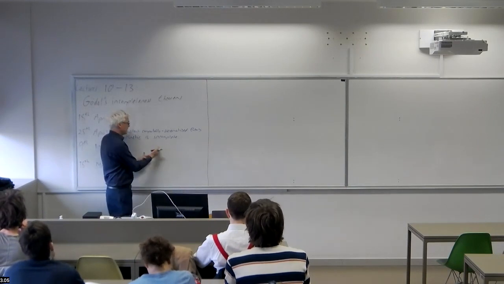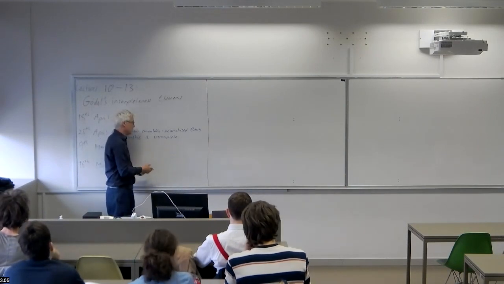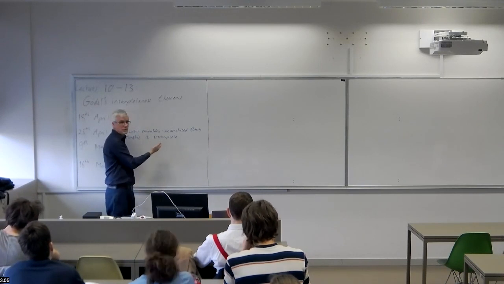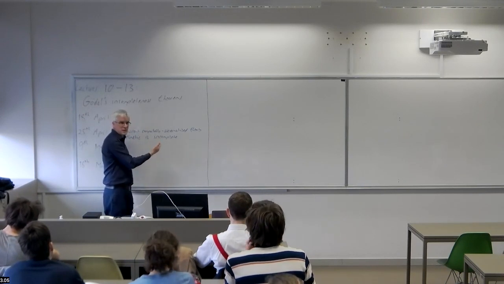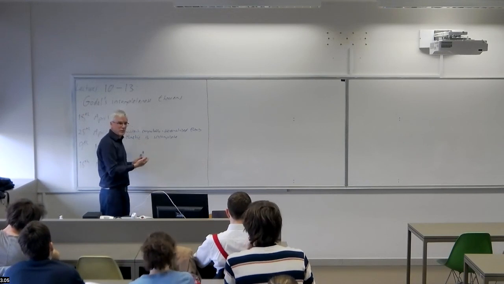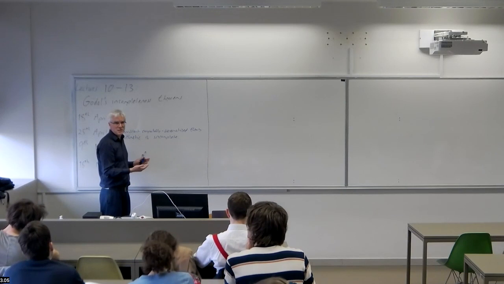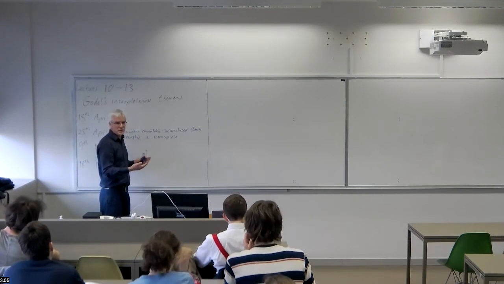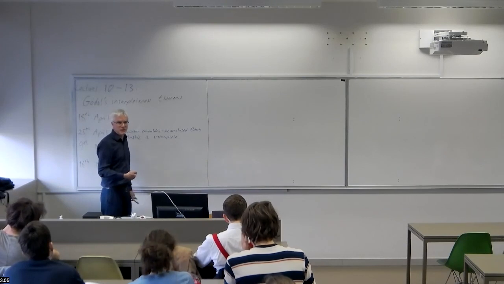So if we have an incomplete theory about the natural numbers, well, that sentence that neither it nor its negation belong to the theory, either that sentence itself or its negation will be true. So either way round, whichever one's true, we have some true sentence about the natural numbers which is unprovable.